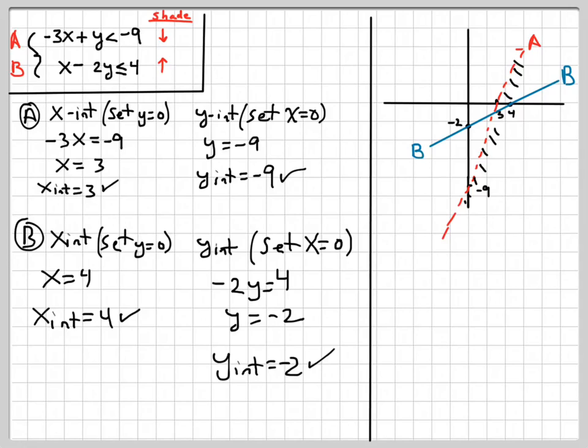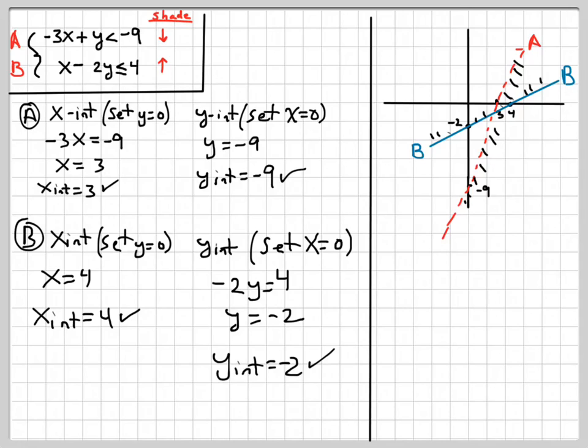And then I graph B. I use my two intercepts, the x-intercept and the y-intercept. And I plot them, and then I connect them, and make sure that the line is labeled B. And then I'll take a look at where to shade by looking at the arrow that I had gotten at the start of the problem. And the arrow points up.